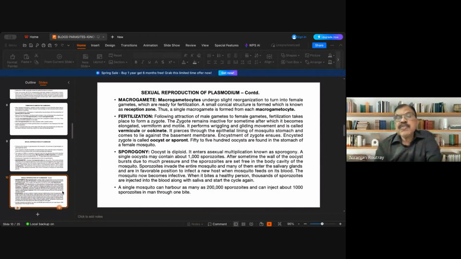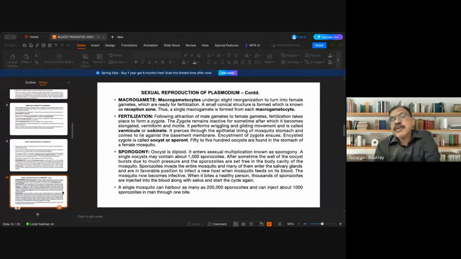Vermiform means worm-like. When it gets elongated, it is capable of movement. It pierces through the epithelial lining of the mosquito stomach, crosses the basement membrane, and becomes encysted there. It becomes a spherical oocyst or sporont.